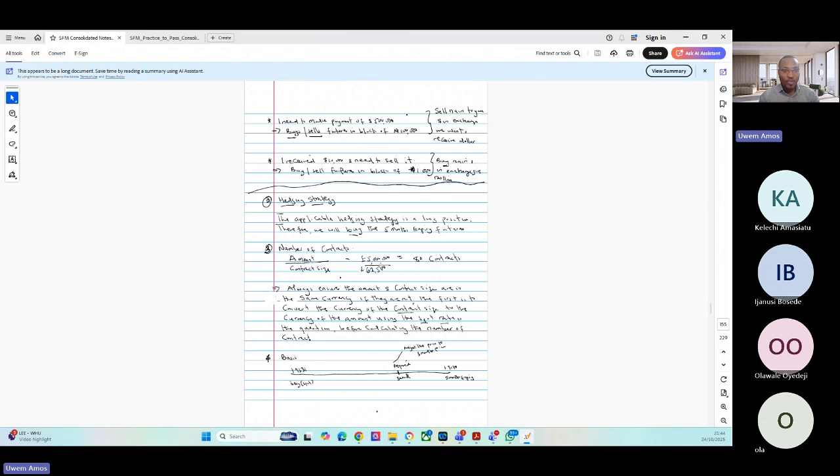Okay, so we're looking at currency futures. When it comes to currency futures, there are a number of generally accepted methods.